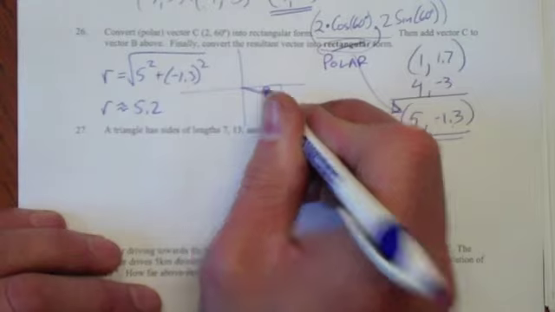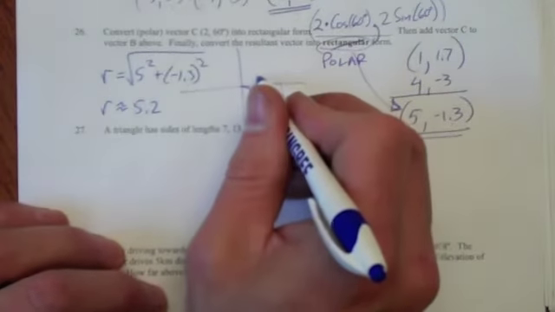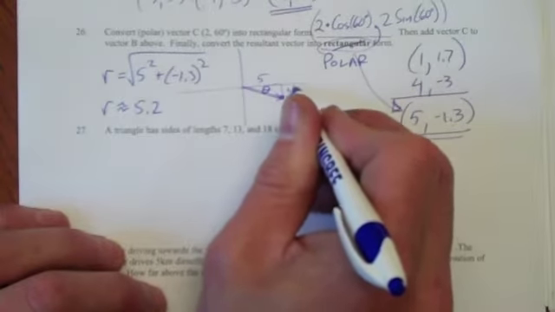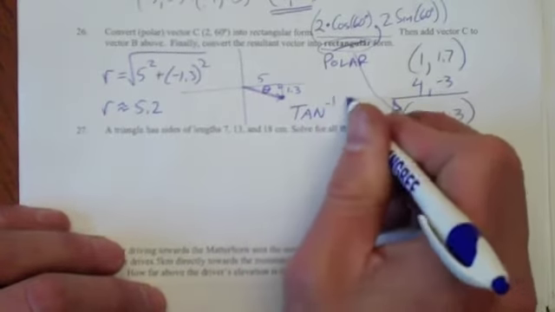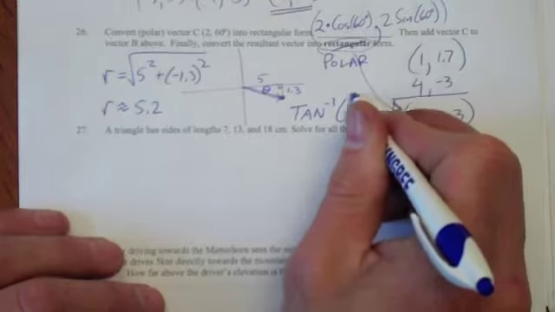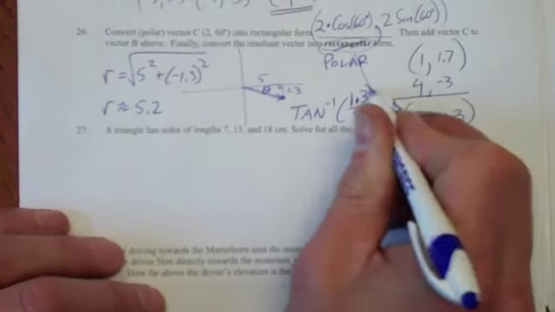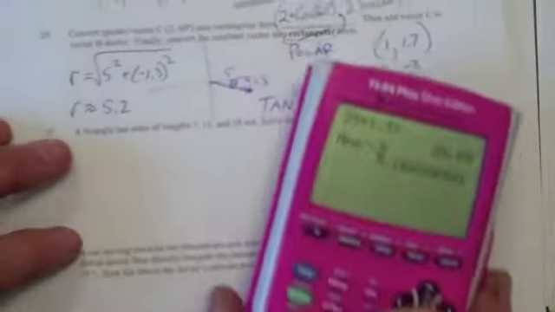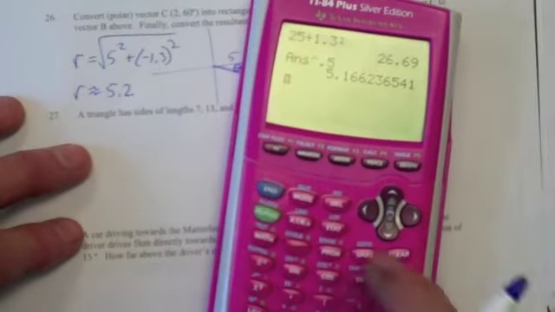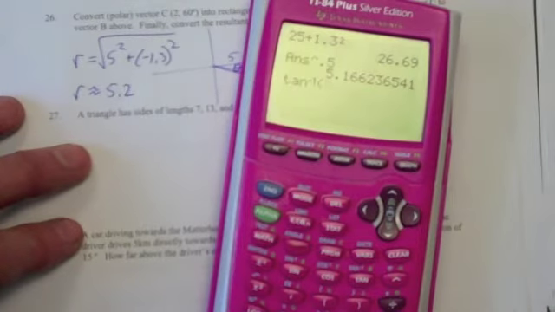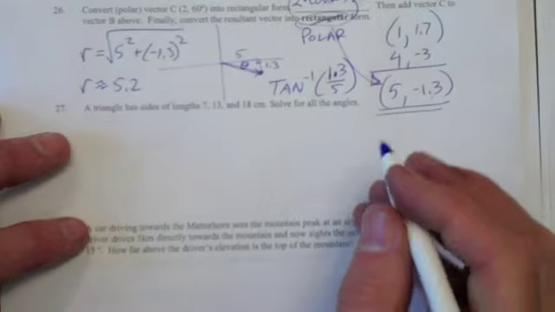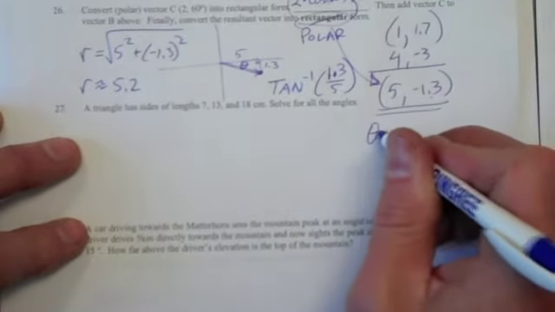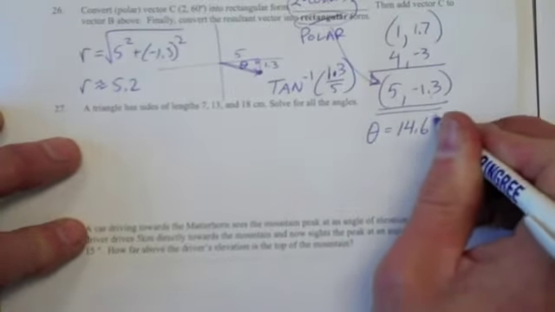I need to find that angle theta out, so if that's 5 and that's 1.3, I'm going to do the inverse tangent of 1.3 over 5, and that will give me the reference angle. So inverse tangent of 1.3 divided by 5, and I get 14.5 degrees, or 14.6 degrees. So theta equals 14.6 degrees.